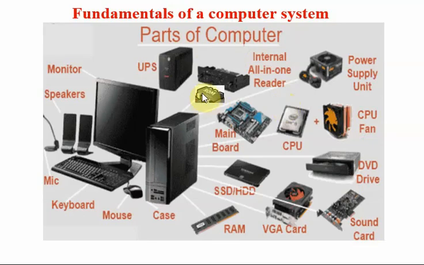The next program stored in the ROM chip is the bootstrap loader. Normally our operating system, Windows 8, Windows 10, Windows 11, whatever, is stored in the hard disk drive, the permanent storage. So first the CPU instructs ROM to run POST, power on self test.